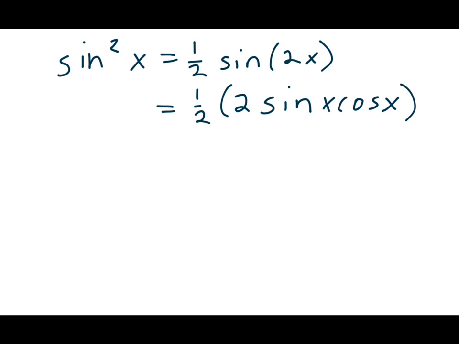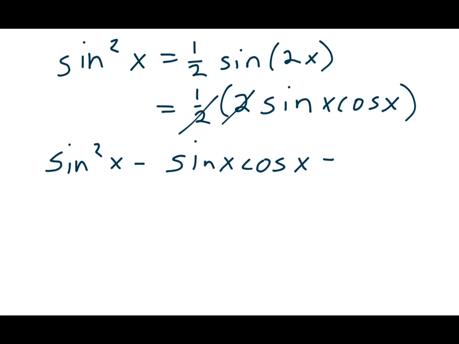And then when we multiply by that 1/2, these guys cancel. Subtract that over, so I have sine squared x minus sine x cosine x equals 0. Similarly, to the first problem we did, factor out a sine. That leaves you with sine of x minus cosine of x.